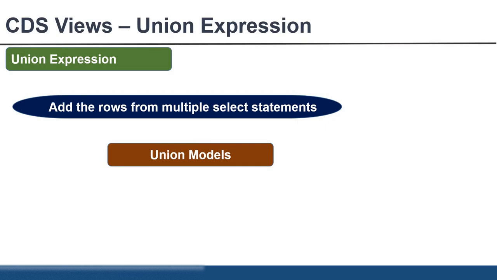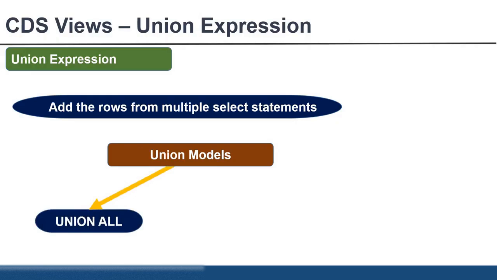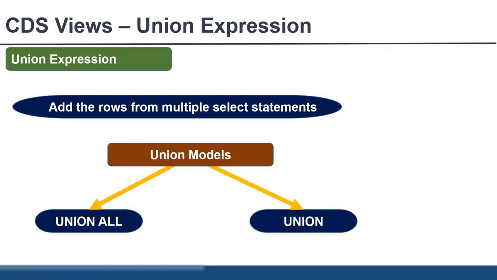There are two types of union models. One, the union all, which considers duplicate entries also, meaning if you use union all with two select statements, all the duplicate entries will be retained. The other one is just union, and in the case of union, the duplicate entries are removed from the result set.